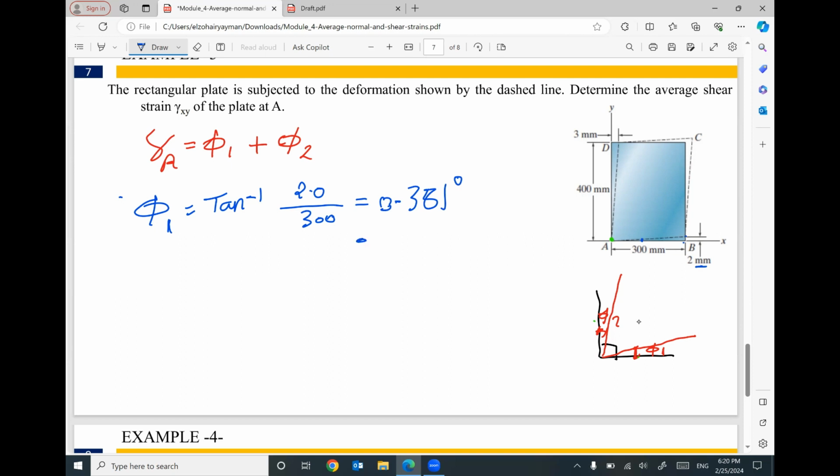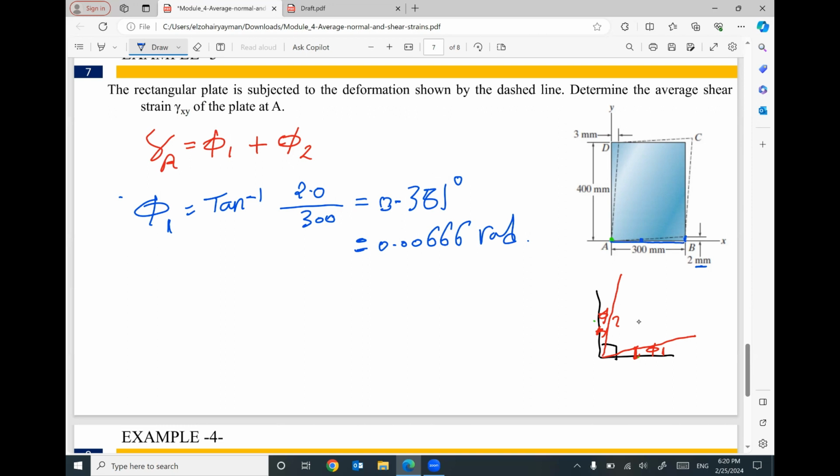I will convert it to radian by multiplying by pi divided by 180, which equals 0.00666 radian. So I included phi 1 inside this right angle triangle, which is very little. The opposite is 2 and the adjacent is 300.